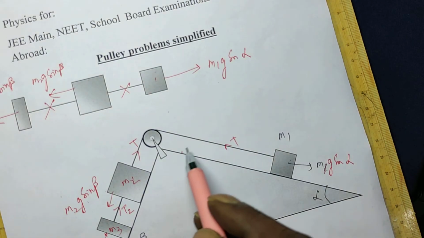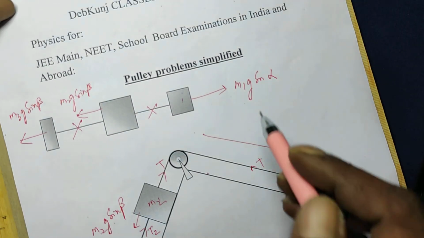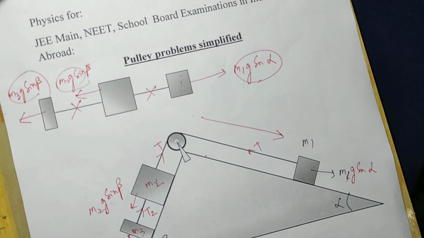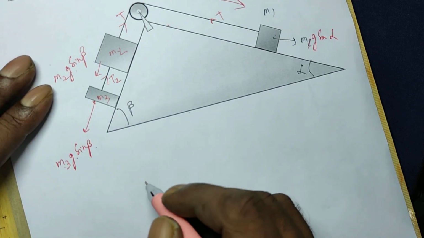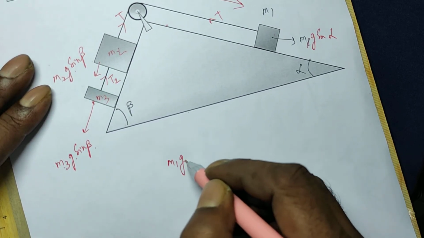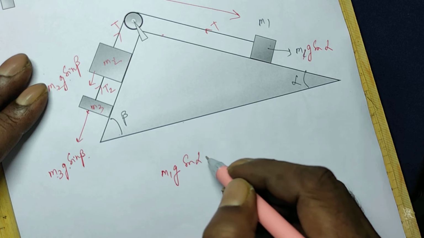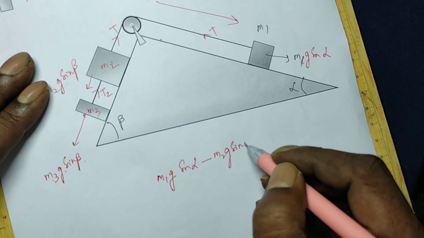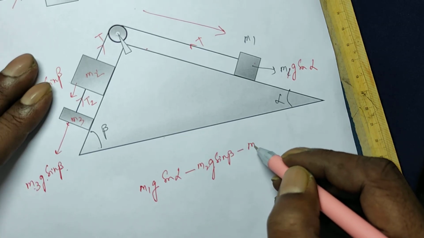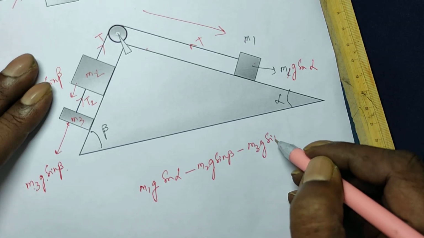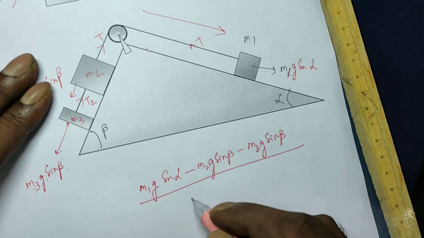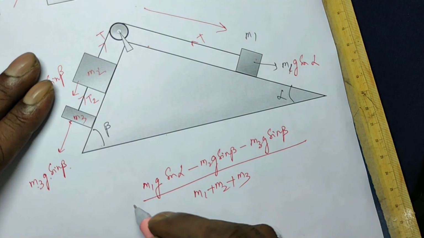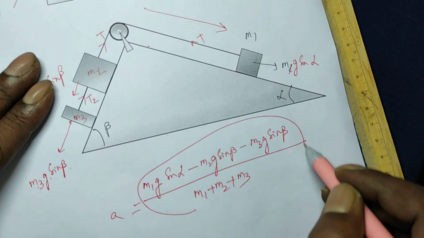Now, supposing this system is coming to this side, so the net force will be m1g sine alpha minus this. So your net force is equal to m1g sine alpha minus m2g sine beta minus m3g sine beta, net force over total mass is equal to your acceleration, right?